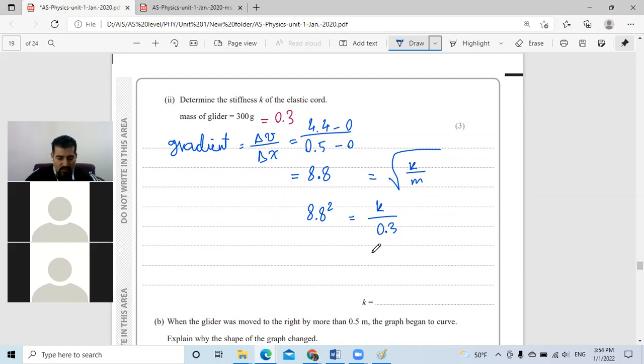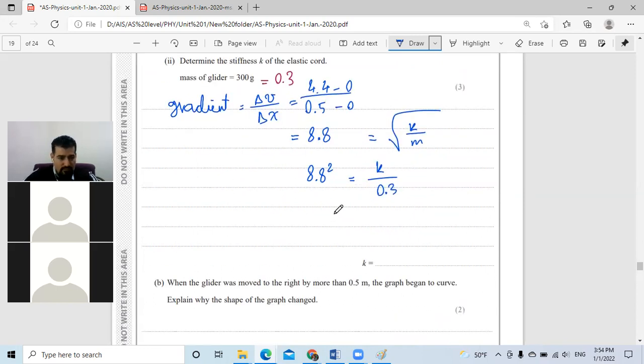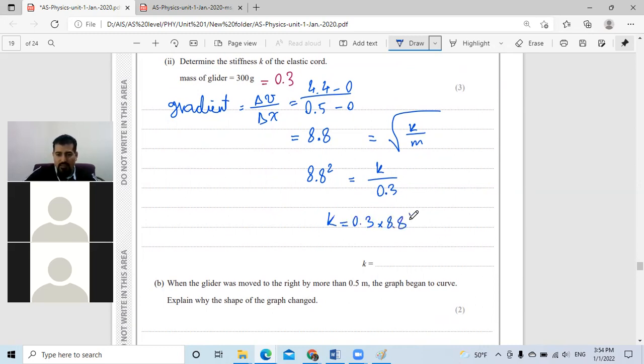Cross multiply: k equals 0.3 multiplied by 8.8 squared. If you have a calculator, how much is the answer? 23.2, which is in newtons per meter.